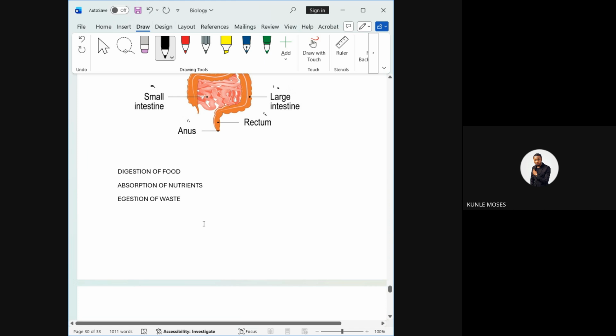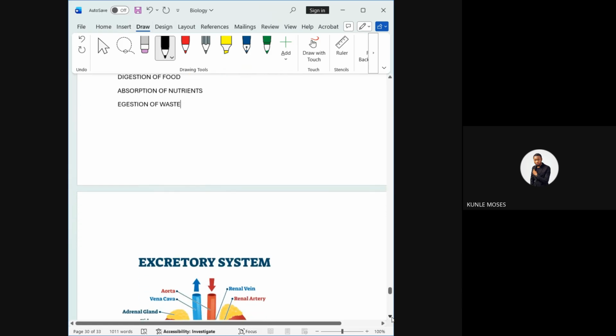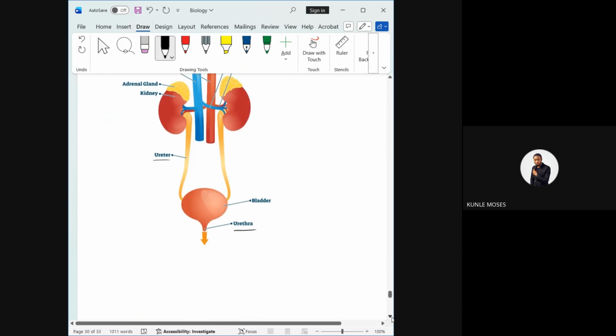How that is taken. So let's quickly move to the excretory system. Then we go to the reproductive. Somebody is saying something. Let me go back to the call. Okay.